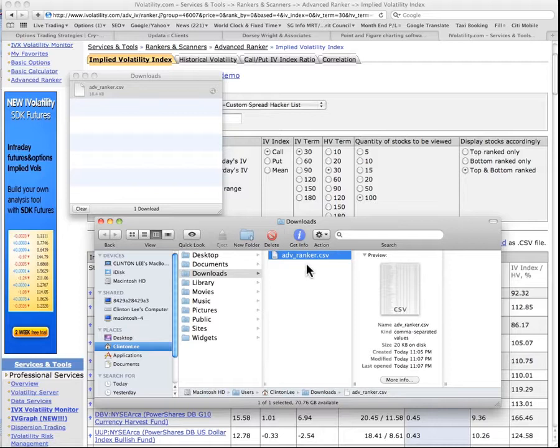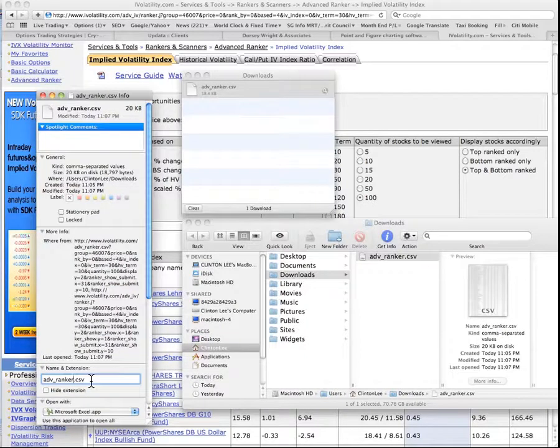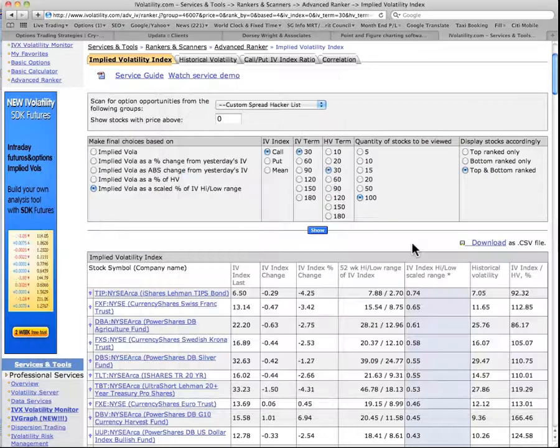For the call IV, I'll rename the file to reflect it is for calls. Now I'm going to repeat the process for puts.